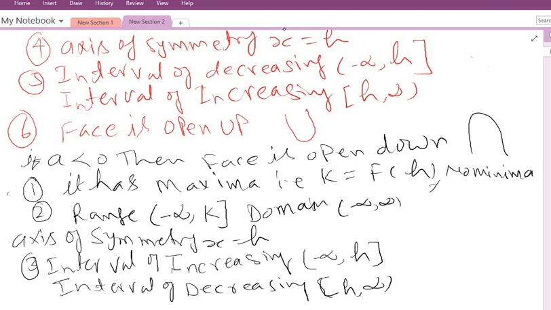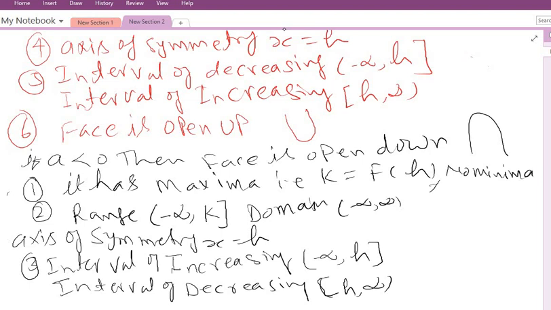The domain, again, because this is a polynomial, is minus infinity to infinity, or you can say all real numbers. The axis of symmetry will again be the same: x = h.